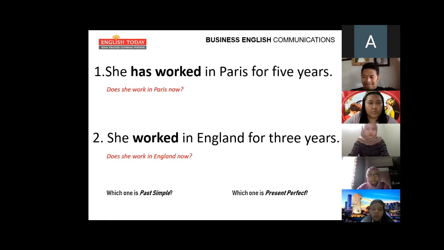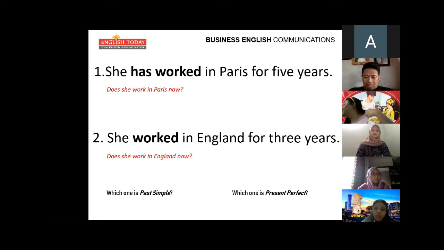Past simple is a tense used to describe situations, actions, events that happened before now. In the past, it can be 5 years ago, 3 months ago, last Saturday, last weekend, whatever. It has nothing to do with the current situation or now.